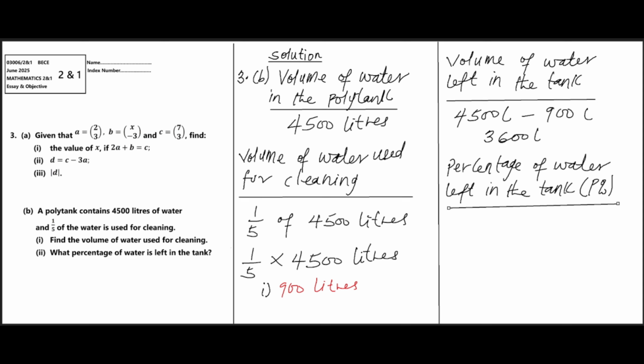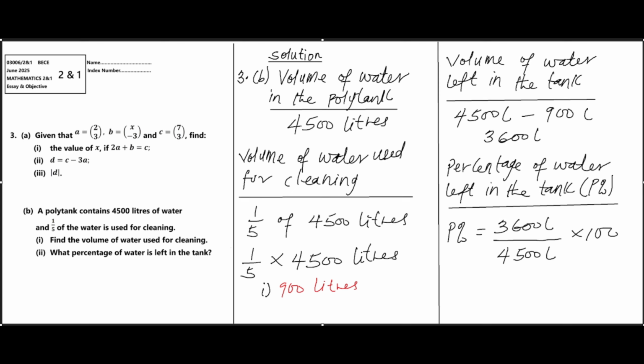So how do we calculate that? So that will be the volume of water left in the tank, which is 3,600 liters, divided by the total volume of water in the tank, 4,500 liters, times 100.